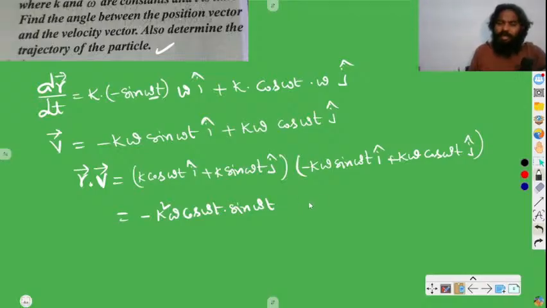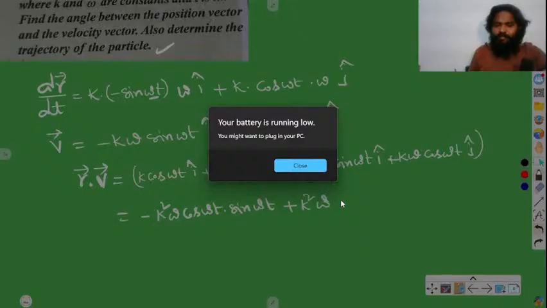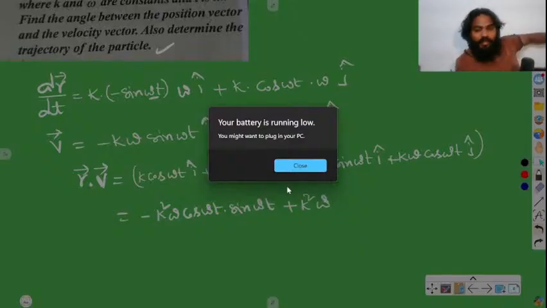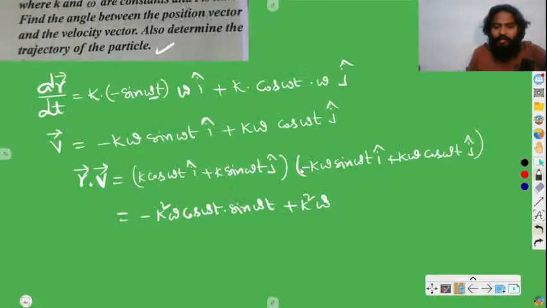Next, j cap with j cap only. Then what happens here? Plus k square omega, it is also cos omega t into sin omega t.